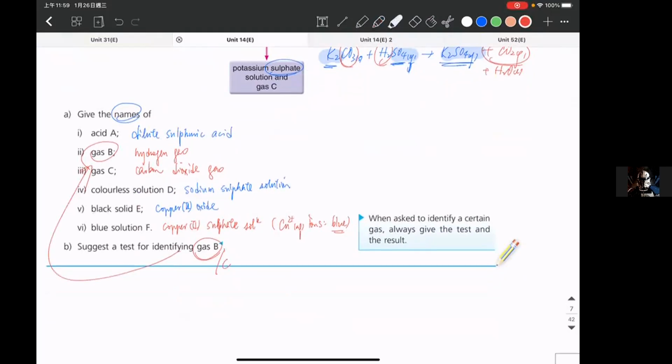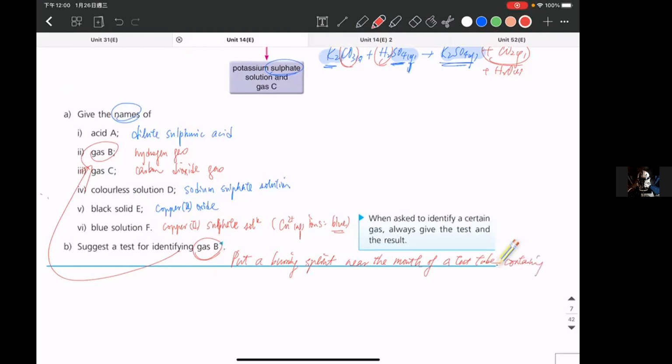Put a burning splint near the mouth of the test tube containing the gas B. Expect observation, please.